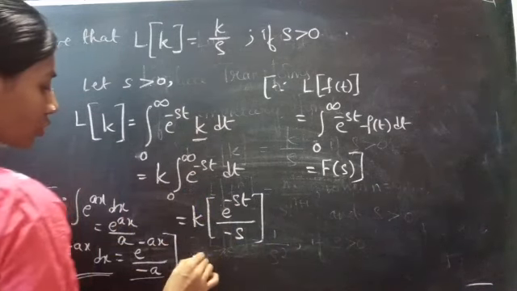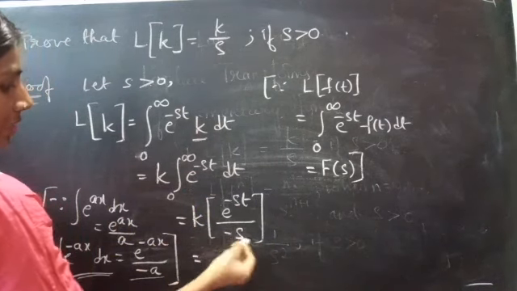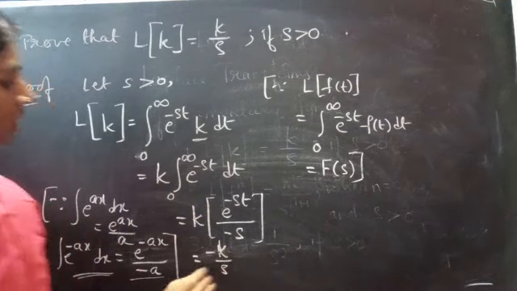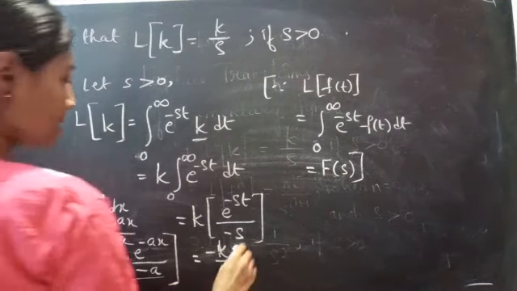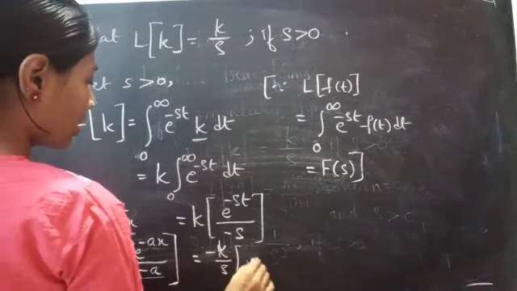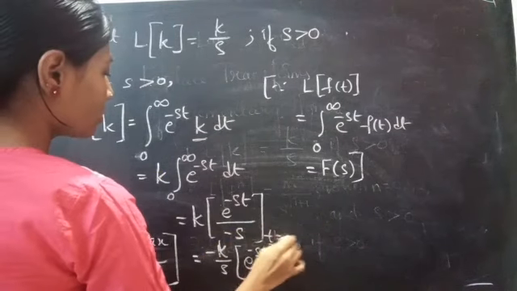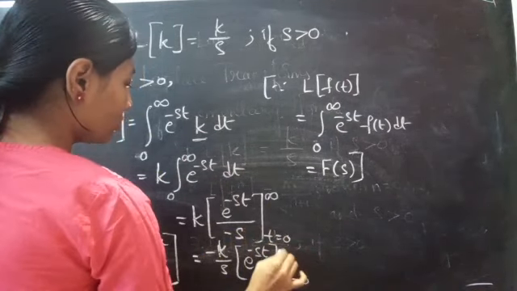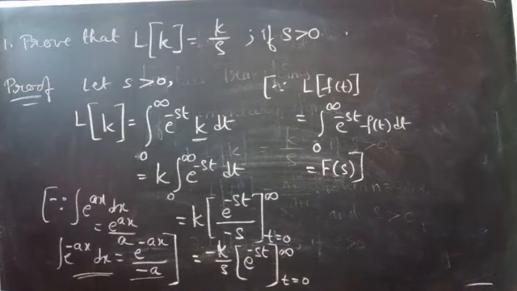In the place of a, we have replaced s. Since minus s is constant, you can take it out. Then you get minus k by s into e power minus st, with limits for t from 0 to infinity.